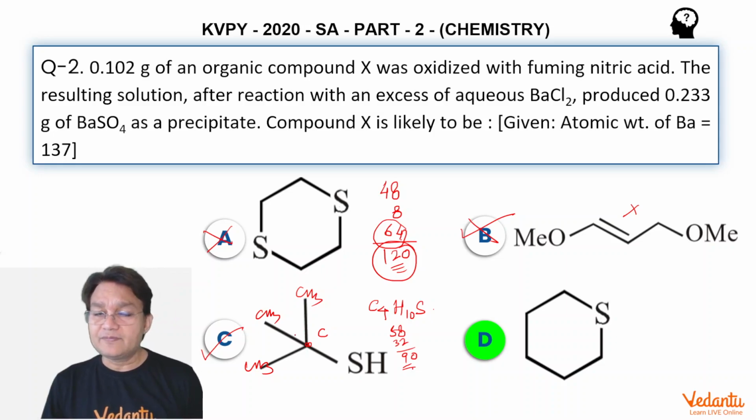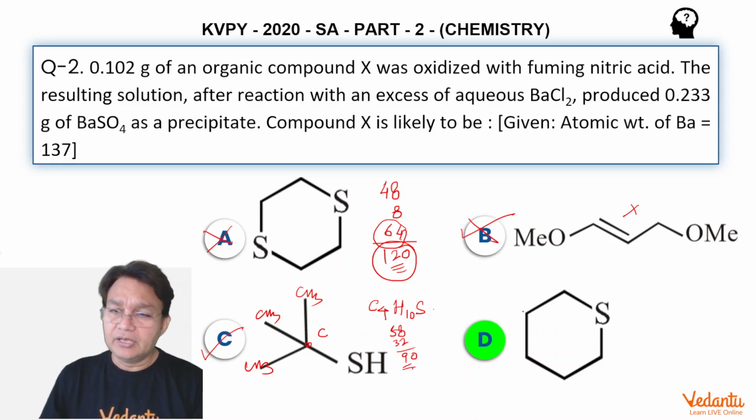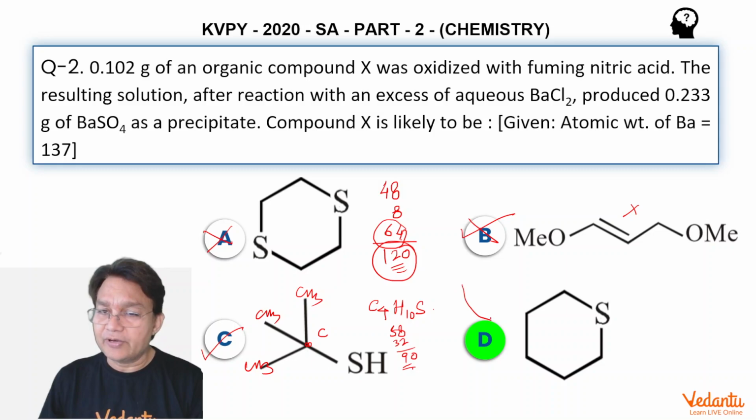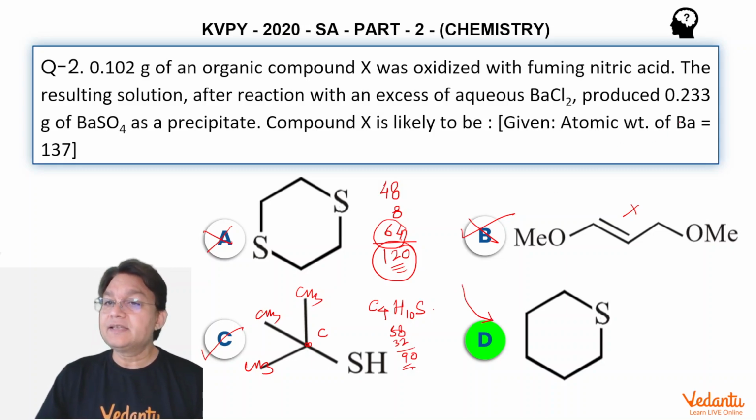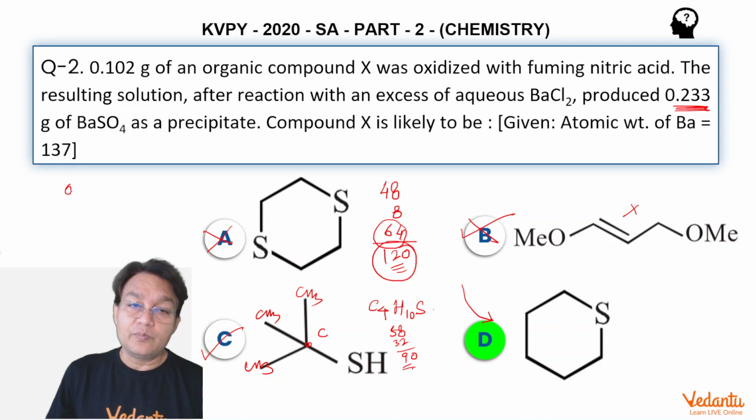So why are we doing this? Because it's indeed a very lengthy problem and you will have to arrive at the answer quickly by some method. The only hint is this 0.233. The 0.233 is quite a simple thing. That is 0.001 mole of barium sulfate.